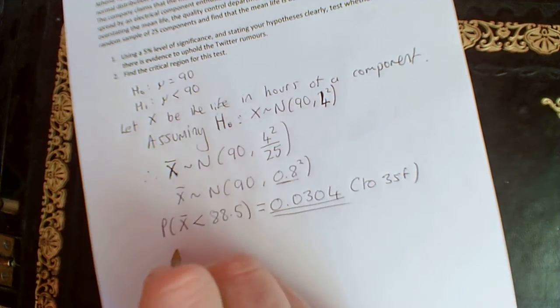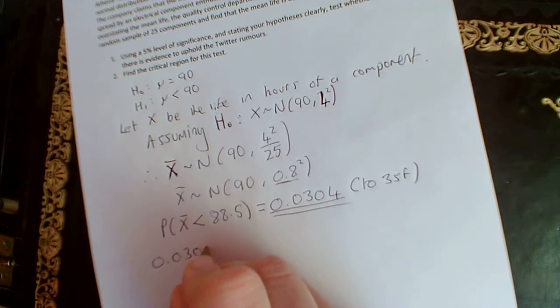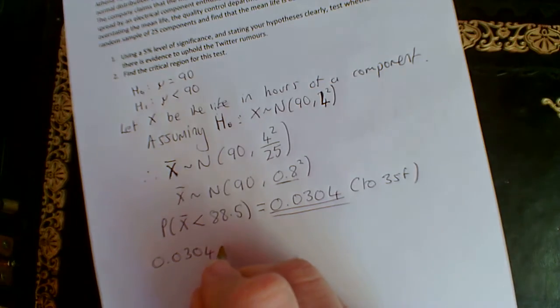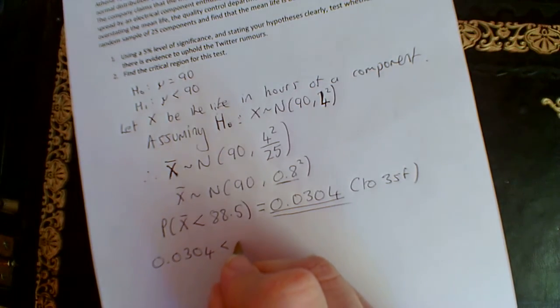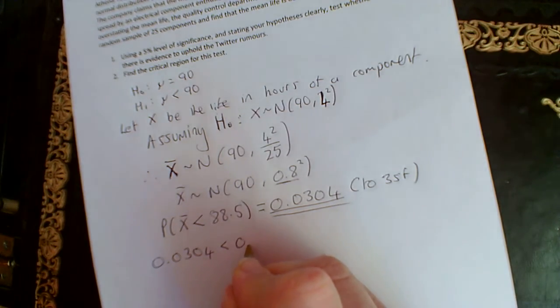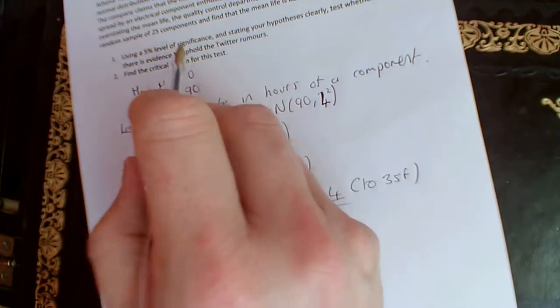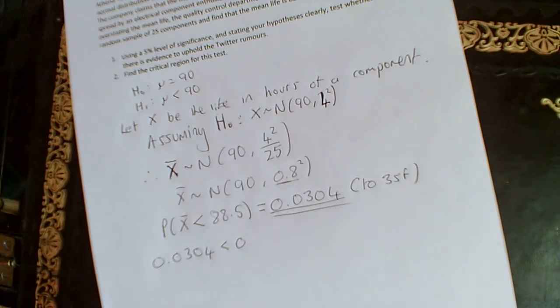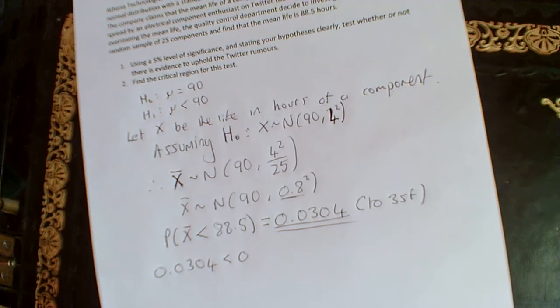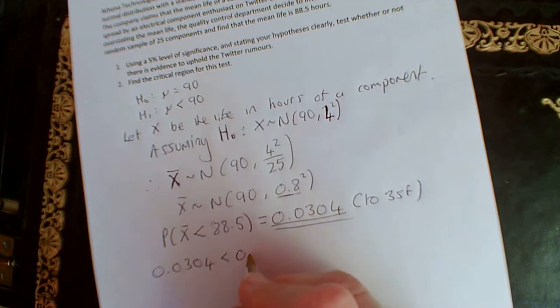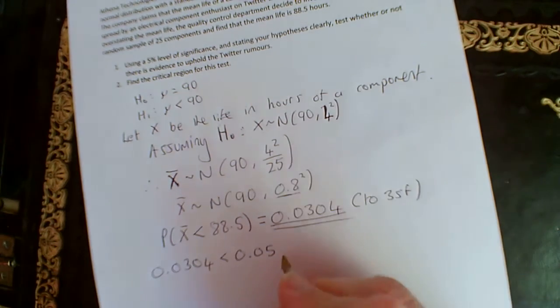So then we just do our conclusion to get the final marks. Well, 0.0304 is very small, smaller than 5%, which is what we're doing. We're doing a 5% test, so 0.05 or 5%.